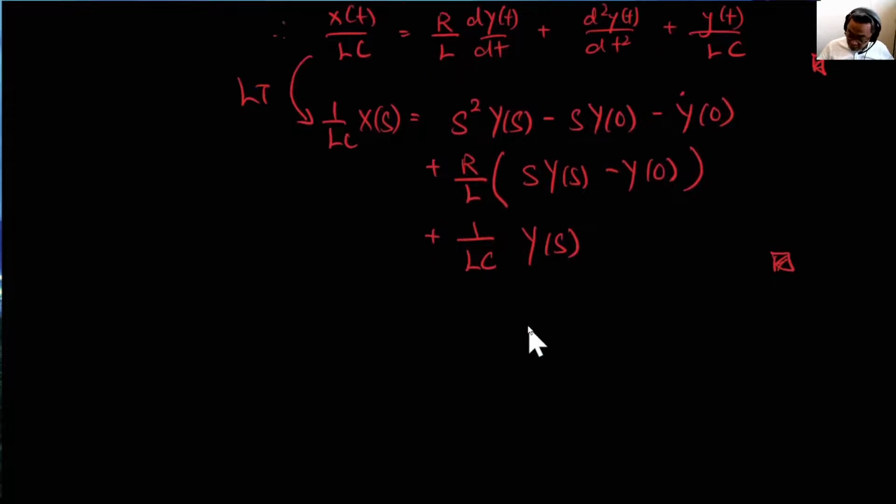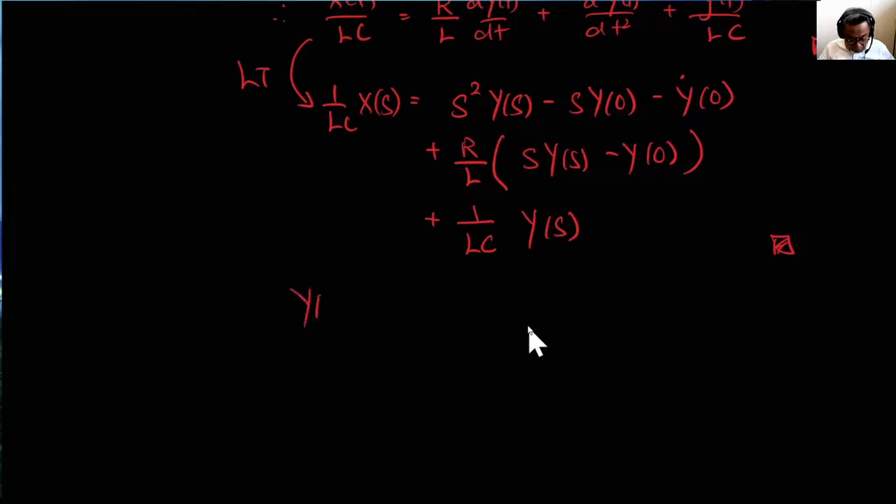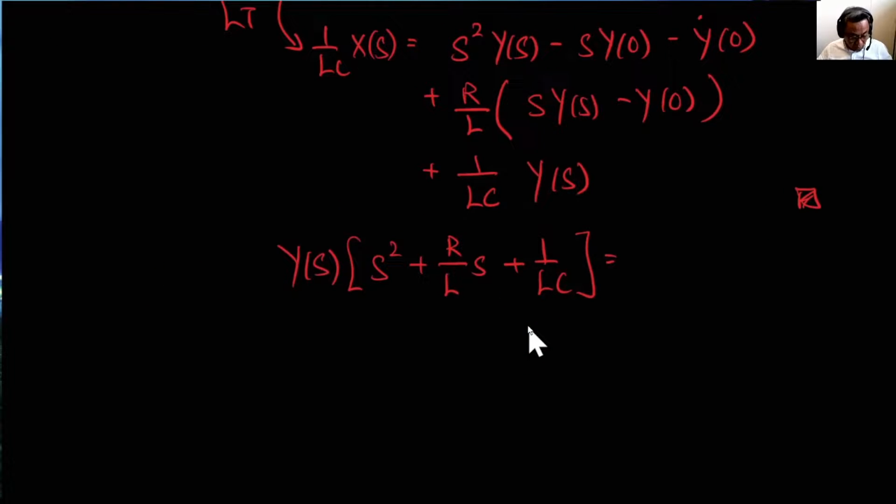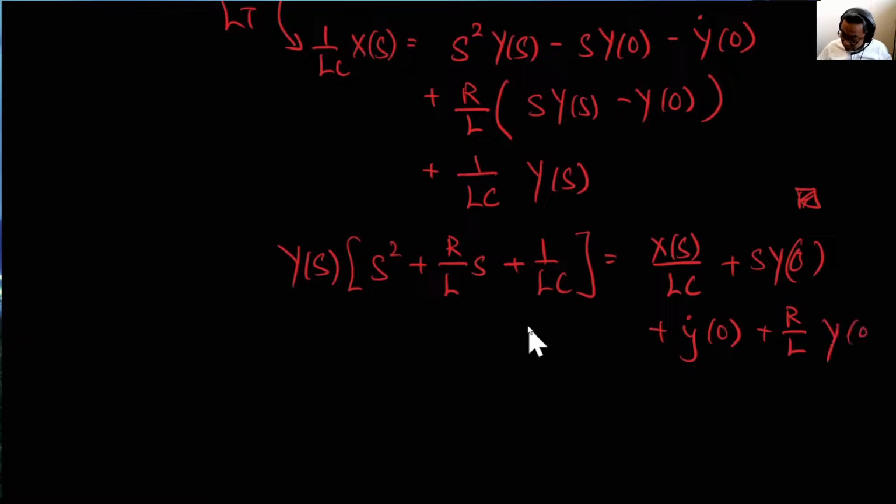Now we want to bring Y(s) to one side. So we have s squared plus R over L s plus 1 over LC equals, bringing the right-hand side over, X(s) over LC plus s y(0) plus y'(0) plus R over L y(0).